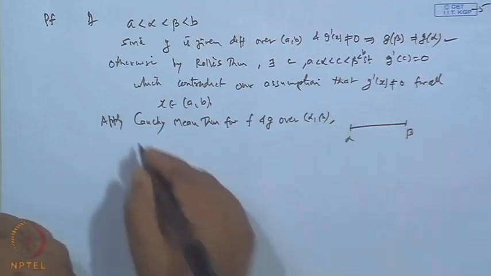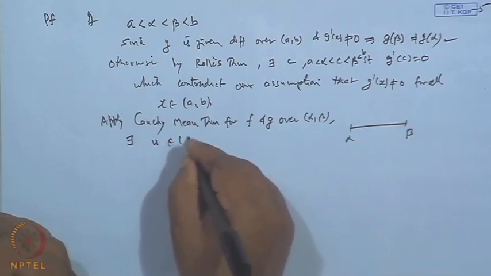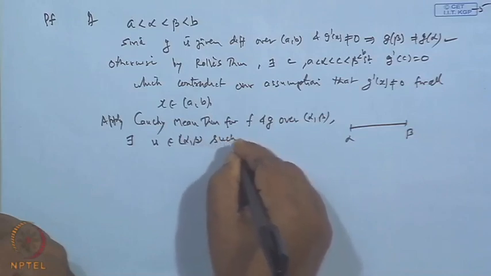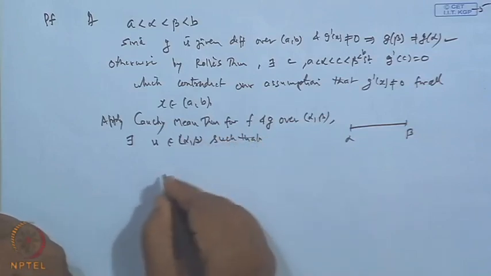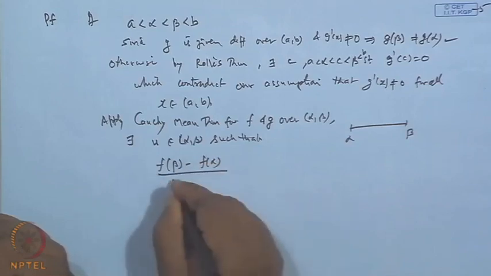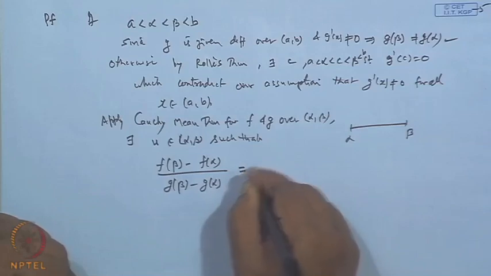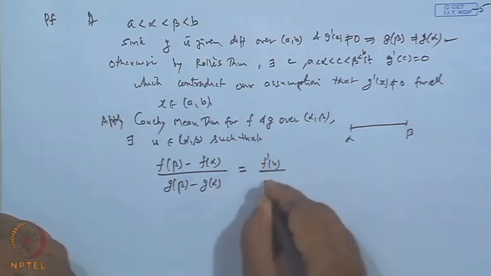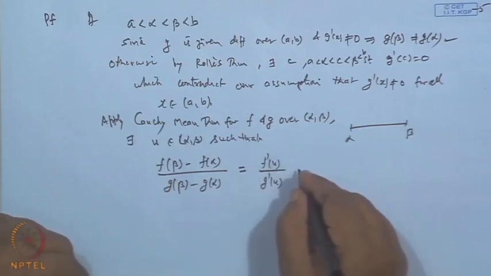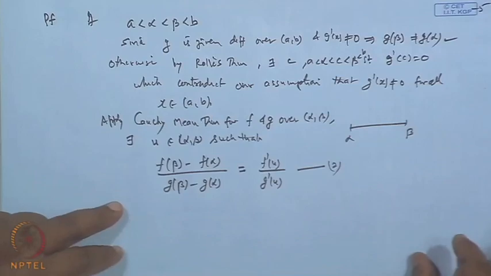So, by the mean value theorem there exists a u belonging to (alpha, beta) such that (f beta minus f alpha)/(g beta minus g alpha) equals f prime u over g prime u. Let it be equation 2. Clear?